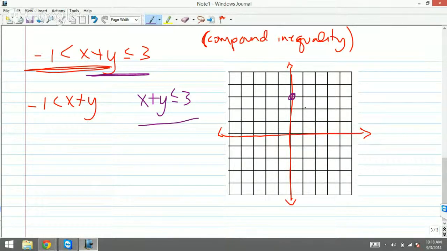So down one over one. Keep going. Solid or dotted? More specific, please.